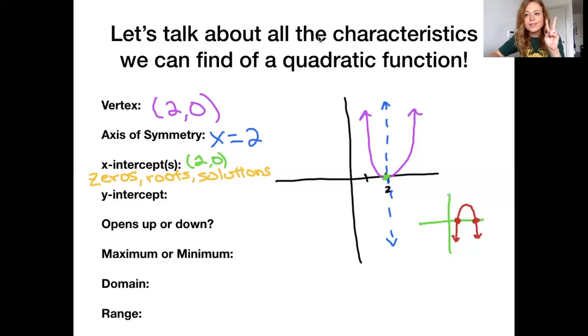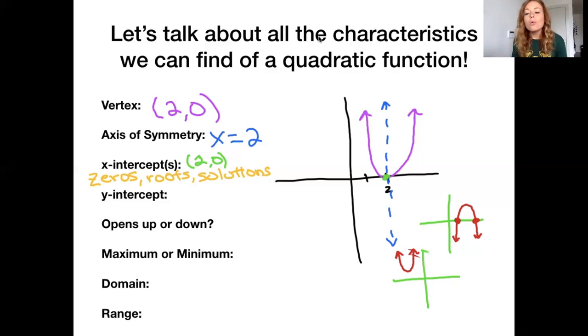We could have 2 x-intercepts, we could have 1 x-intercept like our pink graph here, or we could even have no x-intercept. That one might look something like this. It never actually touches the x-axis. So we can have two x-intercepts, one, or none.